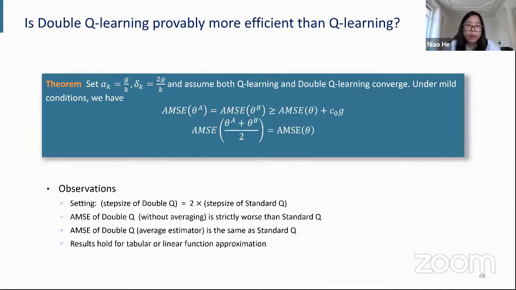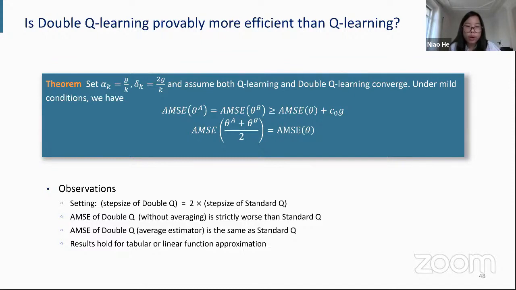First of all, to make a fair comparison here, the step size of double Q-learning that we're using is twice as large as the step size of the standard Q-learning algorithm. The reason is that for double Q-learning, we're only updating one of those estimates at every iteration, right?